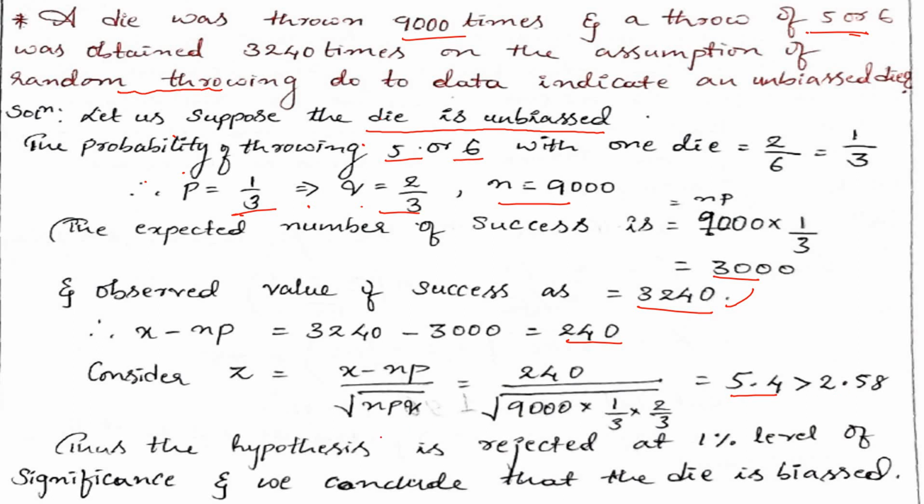We can give the conclusion that the hypothesis is rejected at 1% level of significance, and we can conclude that the die is not unbiased, as we had considered. As we are rejecting the hypothesis, the die is biased.